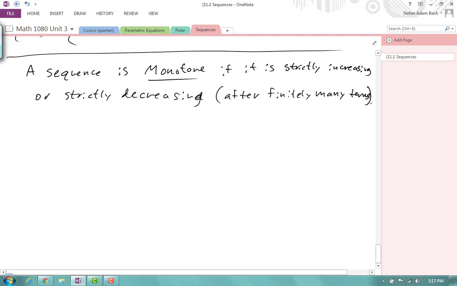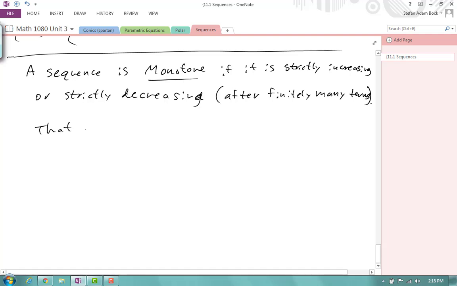We'll say a sequence is monotone or monotonic if it is strictly increasing or strictly decreasing, or it does so after only finitely many terms. It doesn't matter what happens to the first couple 100,000 terms, but after that I want it to be going down or going up all the time.